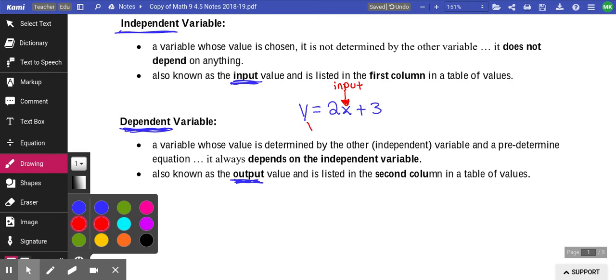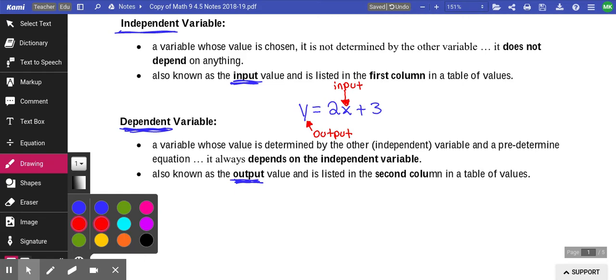So this guy is the output. A good way to remember which one's which. If I told you an input value, if I said, oh, x equals 2, then I could calculate this, and it would give me an output.